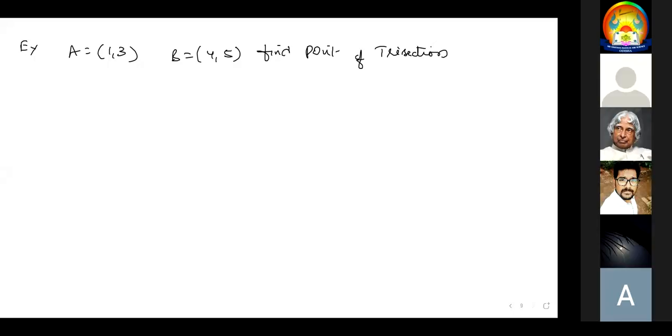In the ratio of 1:2, it is (2, 11/3). In the ratio of 2:1, it is (3, 13/3).